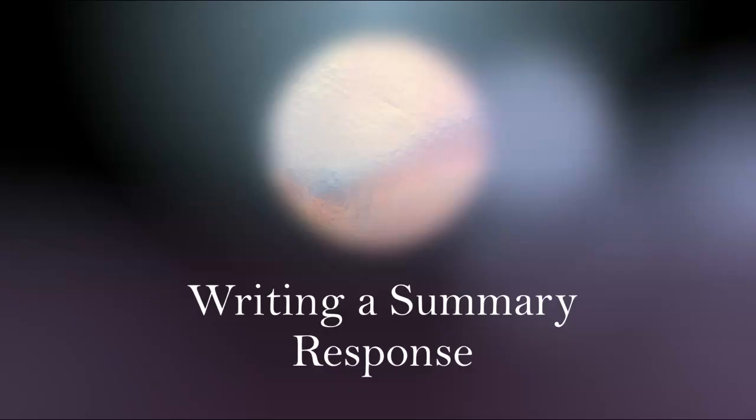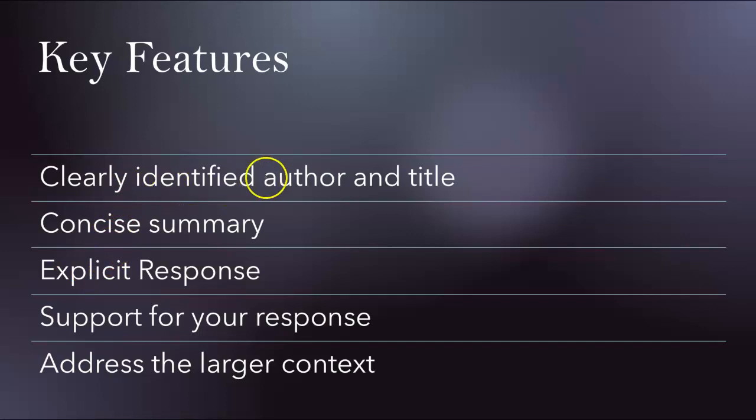So when writing a summary response, there's always going to be some key or identifying features. You always want to clearly identify the author and the title of the text that you're both summarizing and responding to. You want to give a concise summary. And when I say concise, I mean maybe 1 to 3 sentences. That's sufficient. You want to offer an explicit response.